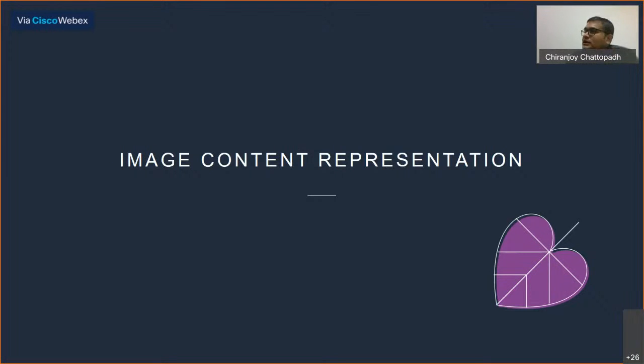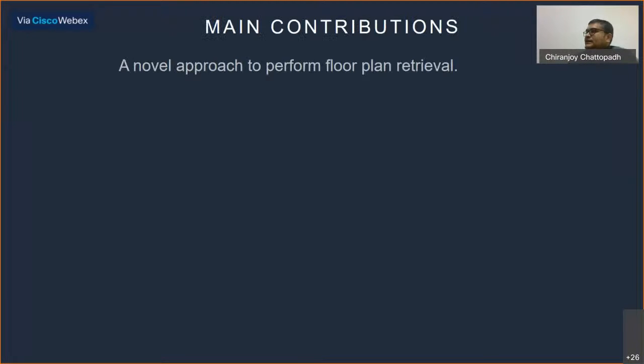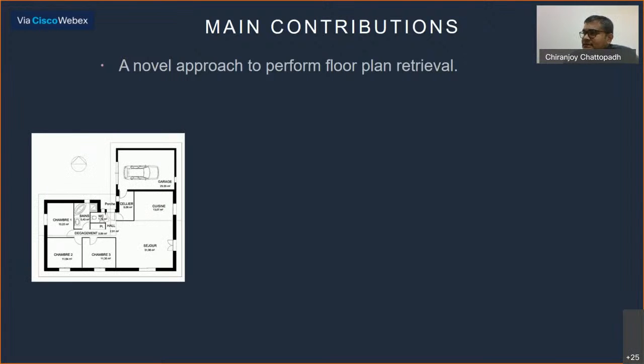Okay. So here is one such application where we were trying to understand and interpret building floor plan images. This is an example input floor plan image, and the application that we are working on is to find out that given an input image of a floor plan, we want to retrieve similar floor plans.